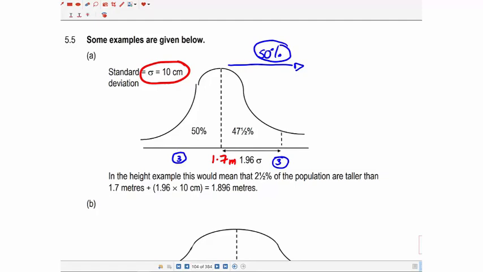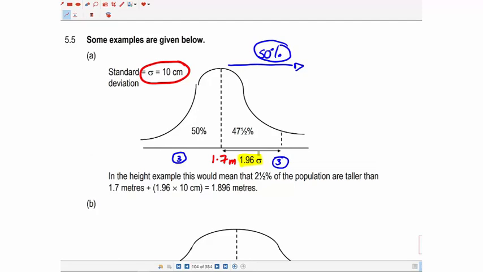In this example, we are going to use a standard deviation of 1.96. So we want to try and work out what is the percentage of the population who are 1.96 standard deviations greater than the mean.